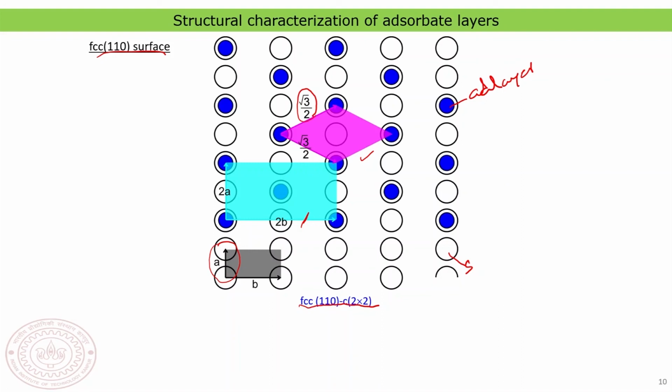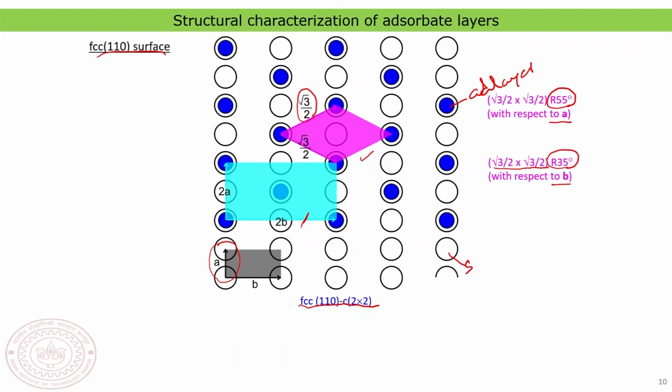So you can represent the unit cell of this adlayer in two different ways. Either you call it a root 3 by 2 by root 3 by 2 with respect to A, and in that case the angle of rotation is 55 degrees, or you can represent the same unit cell as root 3 by 2 by root 3 by 2 with respect to B, and therefore the angle is R35 degrees. So that is the only difference.